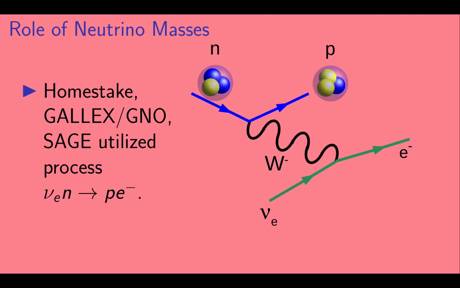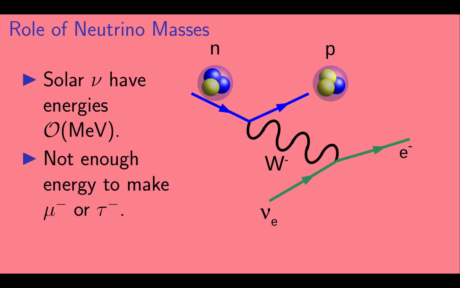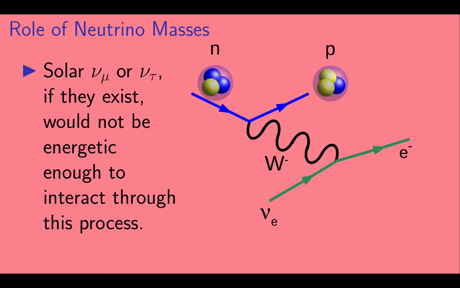This is because those latter experiments utilized the process where a neutrino impinges on a neutron, changing it into a proton and producing an electron. While a similar diagram can be drawn with a muon neutrino and a muon, or a tau neutrino and a tau, solar neutrinos have energies of order MeV, which is not enough to make a muon or tau.